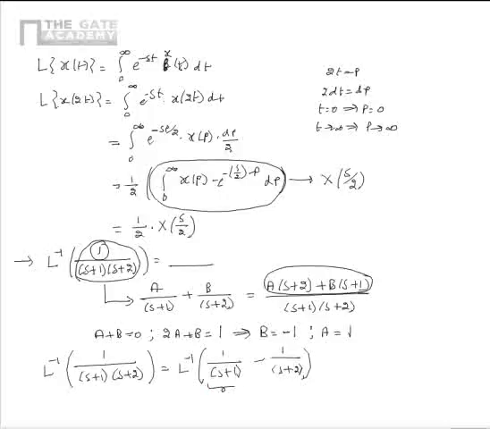We know that L inverse of 1 by s plus 1 is equal to e power minus t u of t, and L inverse of 1 by s plus 2 is equal to e power minus 2t u of t. From this we see that L inverse of F of s is equal to e power minus t minus e power minus 2t multiplied by u of t.